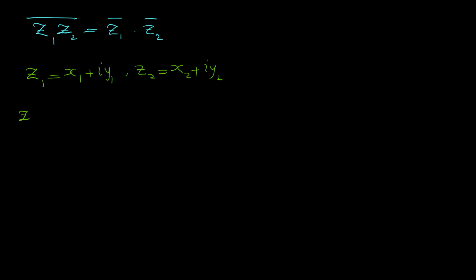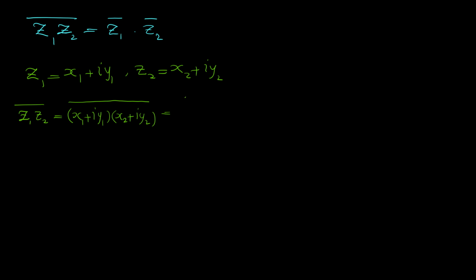So we want to see what is the conjugate of z1 times z2. It equals the conjugate of multiplying these two complex numbers by each other: x1 plus i y1 times x2 plus i y2.